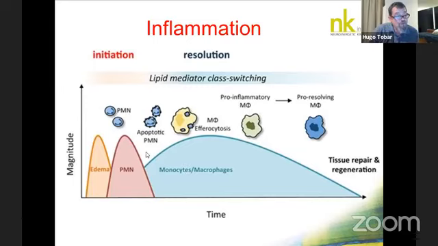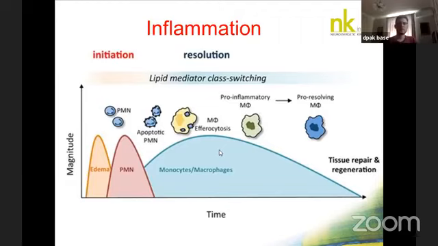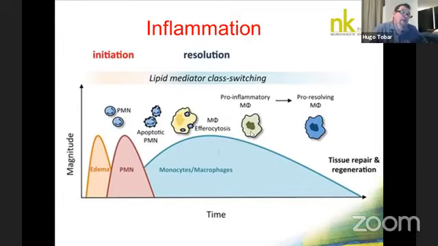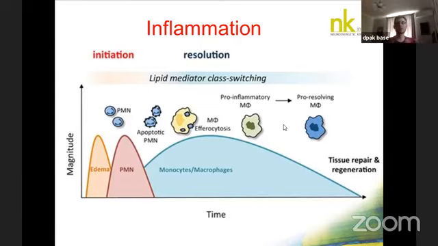This initial phase is where you get the pro-inflammation. The PMN, these are neutrophils, activate the macrophages. And the macrophages have 2 phases, the so-called M1 and M2.